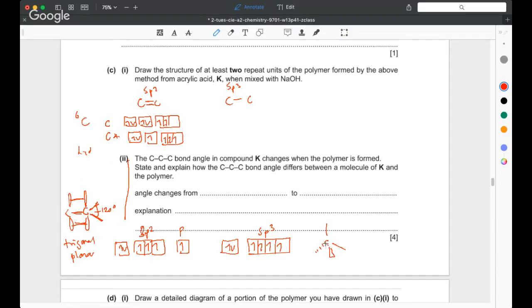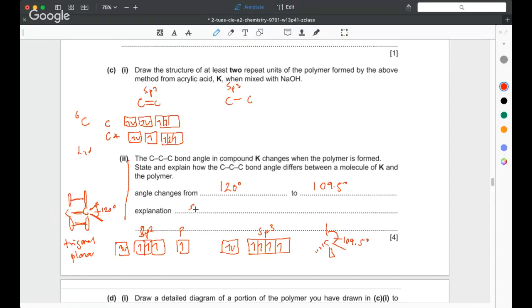I've just drawn it there with the carbon in the middle: 2 bonds in the plane of the paper, 1 bond coming out towards me from the plane of the paper, and 1 bond going behind the plane of the paper. And the bond angle there is 109.5 degrees. And so the angle is changing from 120 degrees to 109.5 degrees.